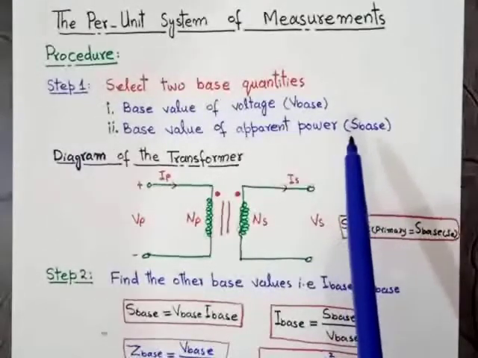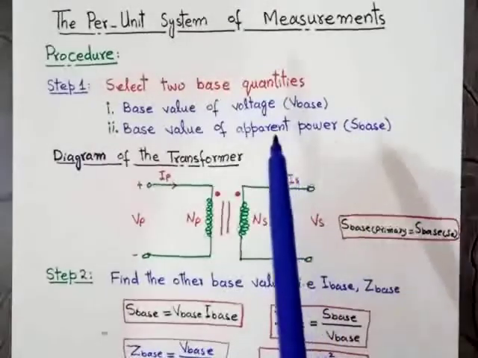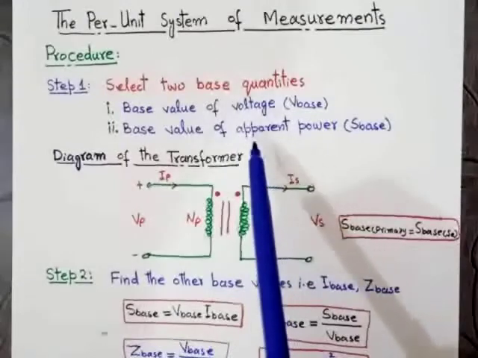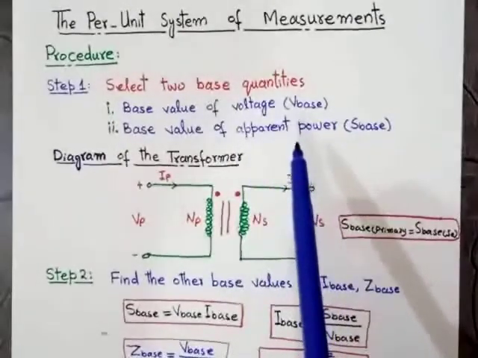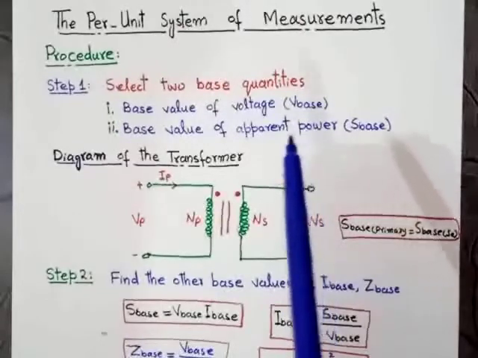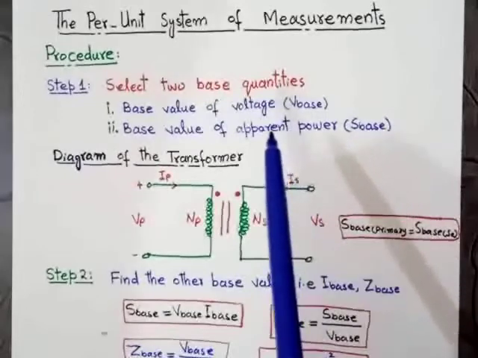Because the transformer is usually rated in apparent power, that's why we select the base value of apparent power. We can select real power as well.